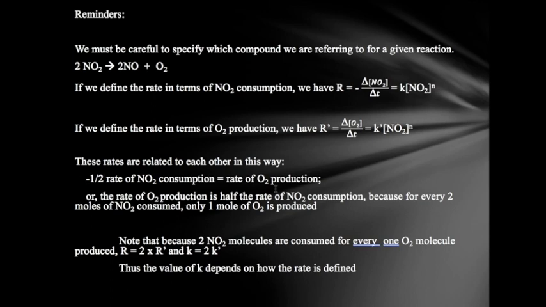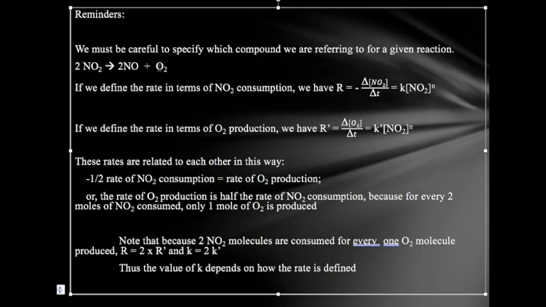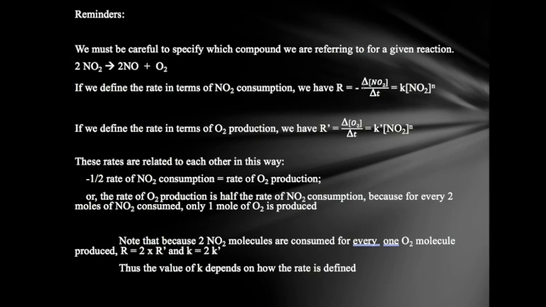That's just this exact same thing, just rearranged a little bit. 1/2 the rate of NO2 consumption is the rate of O2 production. Another way of saying that is the rate of NO2 consumption, bring this to the other side, is twice the rate of O2 production. NO2 is consumed at twice the rate at which O2 is produced. So I know that the rate with respect to NO2 is twice the rate with respect to O2.